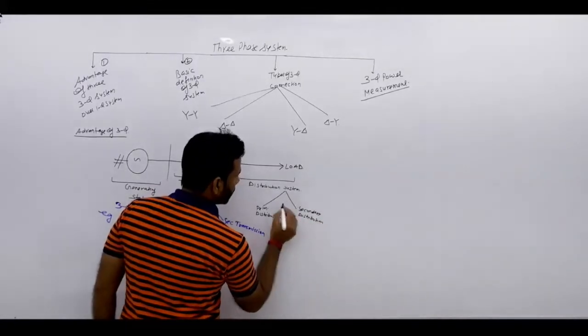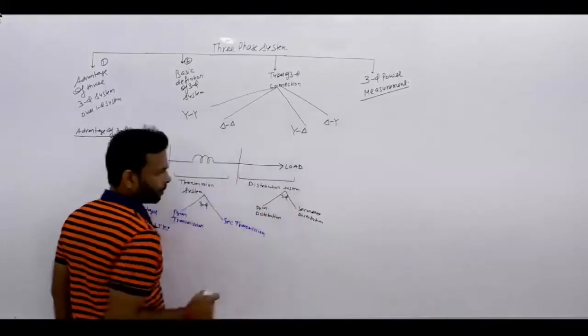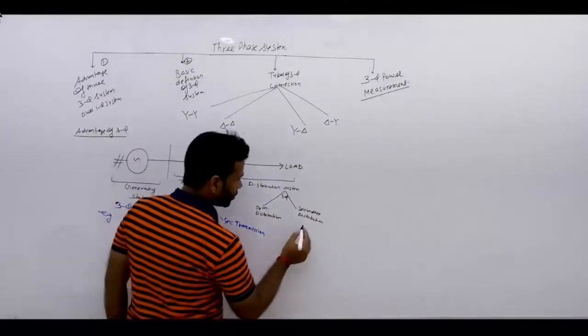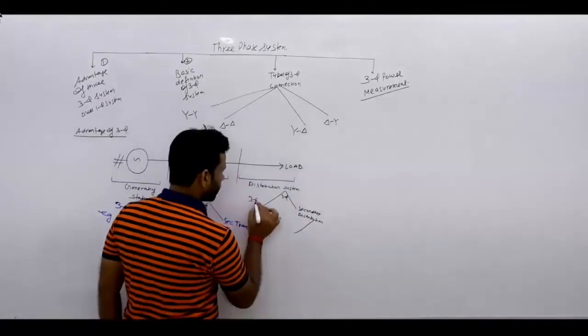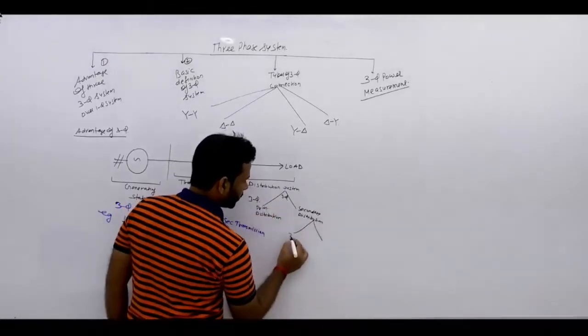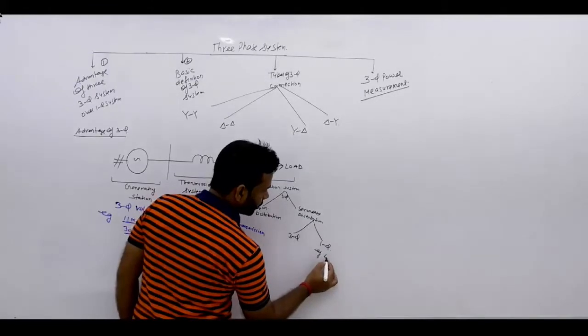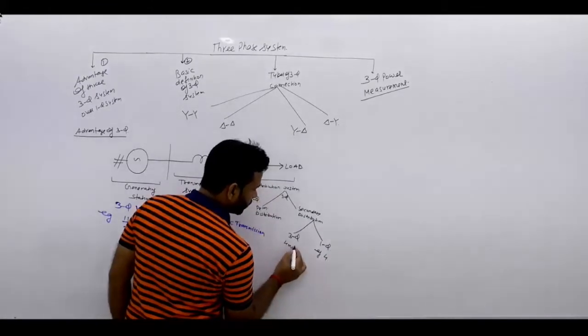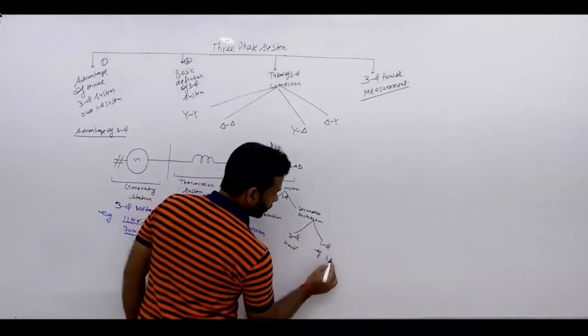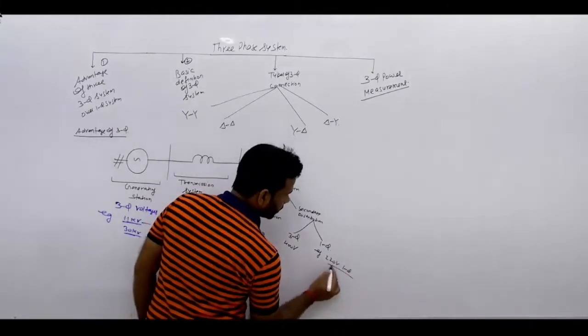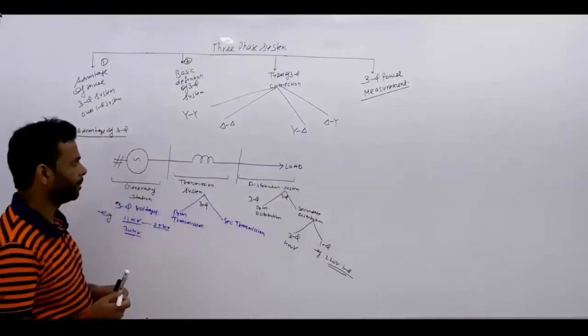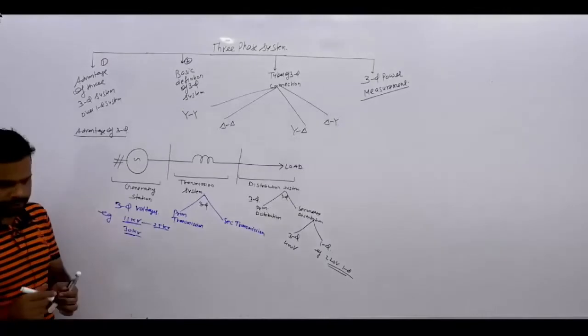In the secondary distribution system it is three-phase or single phase. The example is 400 volt three-phase and 220 volt single phase. That is the home consumer.